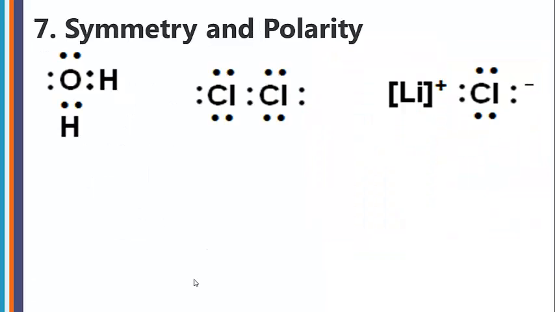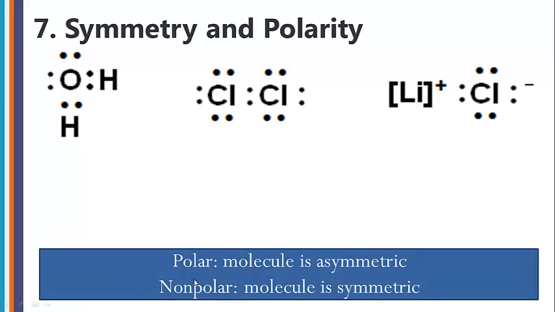Next question is asking us to use symmetry to determine if the following are polar or not. So first one, if something is symmetric, it's going to be nonpolar. If it's asymmetric, so if I cut it in half and it's different on the two halves, that's going to be polar. So if I cut water like this, the two halves are roughly about the same.